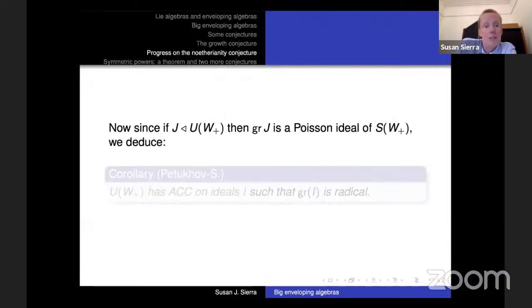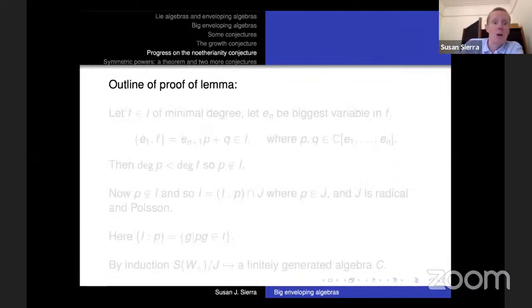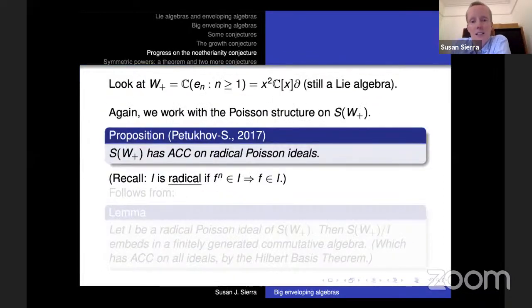But let me say what we get from this theorem, this proposition that S of W plus has ACC on radical Poisson ideals. This Gur map lets you go from an ideal of U of W plus to a Poisson ideal of the symmetric algebra.